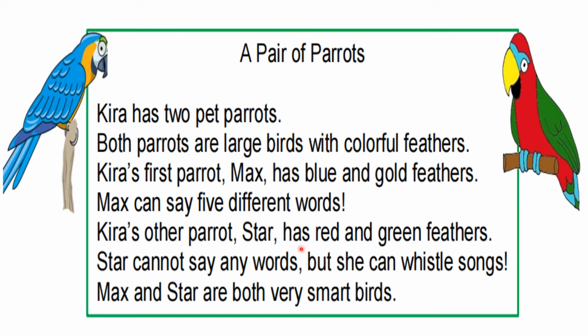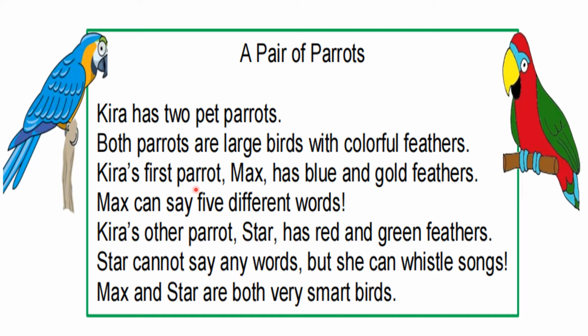Okay, again, everybody, let's read the story. Eyes on the screen. Stop talking. A Pair of Parrots. Kara has 2 pet parrots. Both parrots are large birds with colorful feathers.